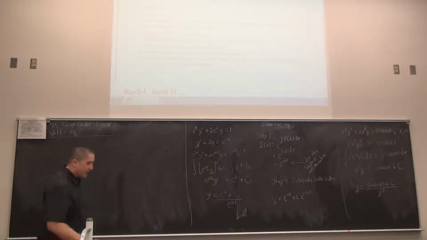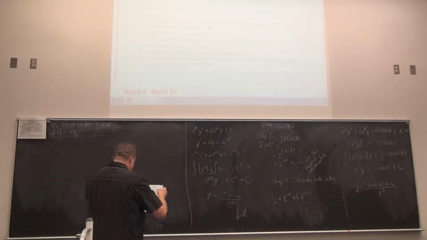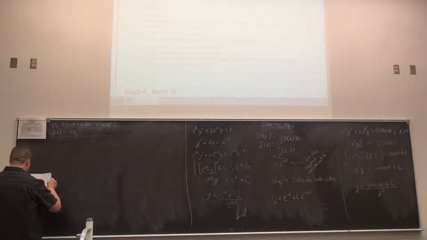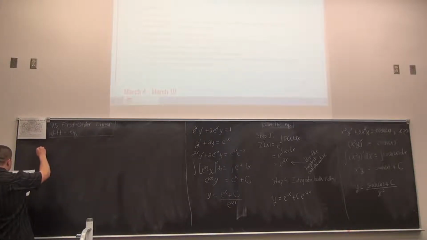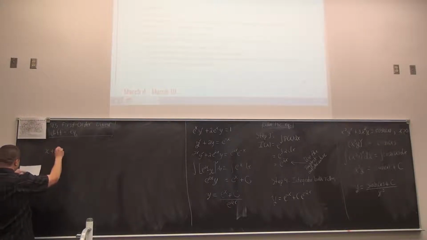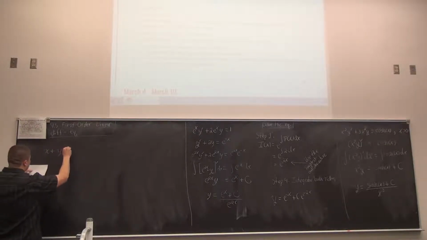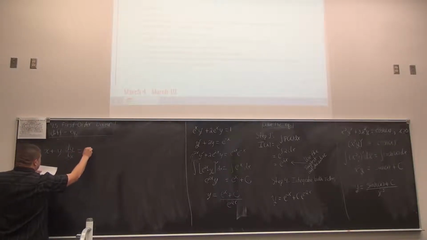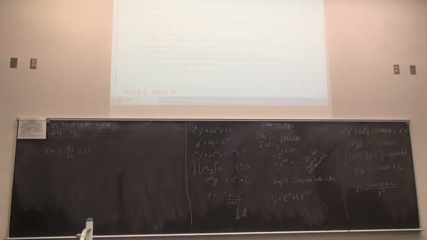So one thing to look out for are equations that might look something along these lines, for example. If you have, say, maybe something along the lines of x plus y dy/dx equals 0, then this would be considered separable. So this is separable.